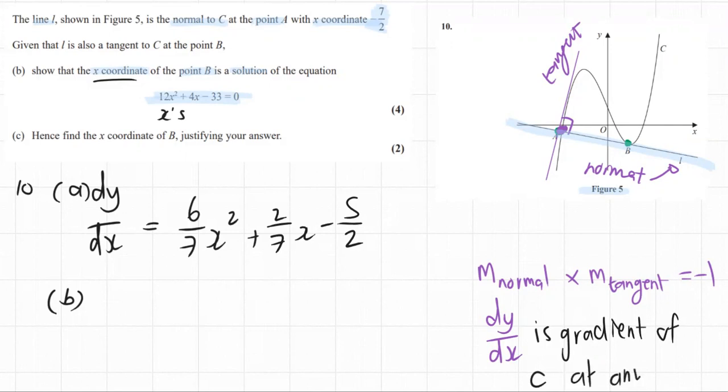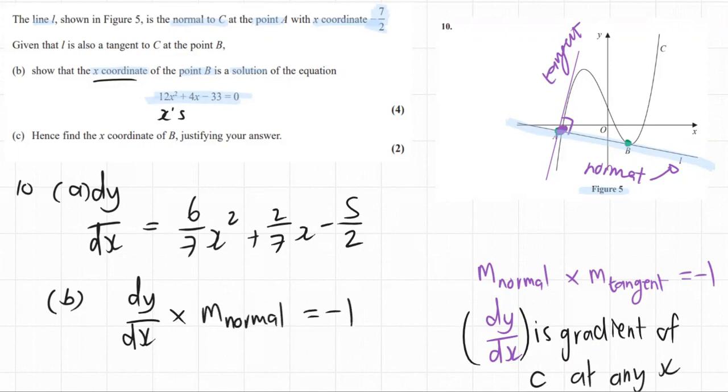So if we take this logic, we can say that dy/dx times the gradient of the normal must be equal to minus 1. I just switched the gradient of dy/dx into where the tangent was, because we know that the m of the tangent is equal to dy/dx. So good.